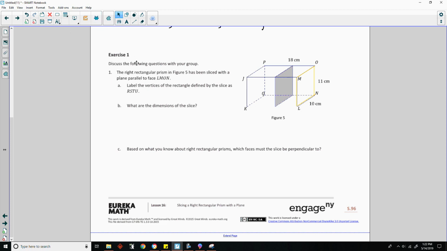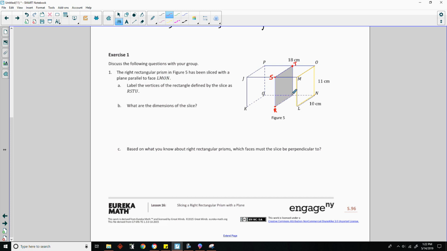A. Label the vertices of the rectangle defined by the slice as RSTU. I like to go in order. L corresponds to R, so this would be R. M corresponds to S. M is here, so this point right here would be S. O corresponds to T. O is here, so T is here.